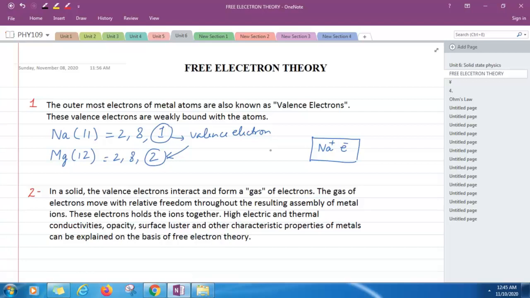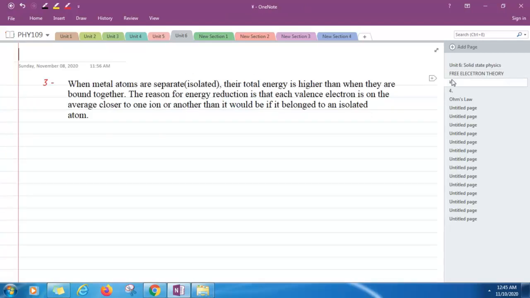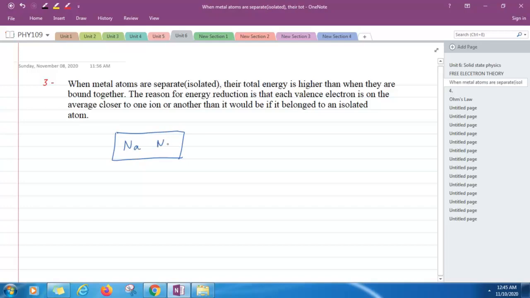Okay. Point number 3. When metal atoms are isolated, their total energy is higher than when they are bound together. What does it mean? Suppose this is a crystal and your atom is inside the crystal, this is one case. In the other case, let's suppose your metal atom is separated, isolated, not inside any crystal.